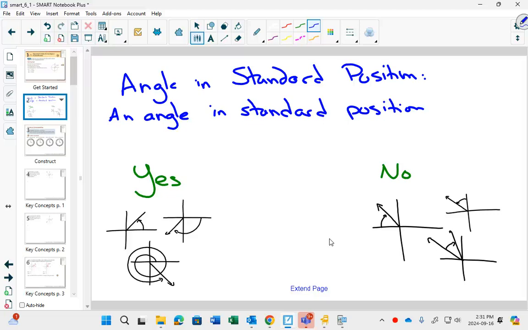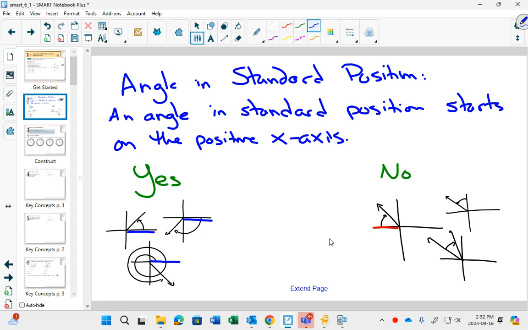Okay, so we're saying that all of these ones, if I draw in blue here, all of them started here. Why can't we just say x-axis? Because this one was bad, right? Positive x-axis, that's nice. An angle in standard position starts on the positive x-axis.